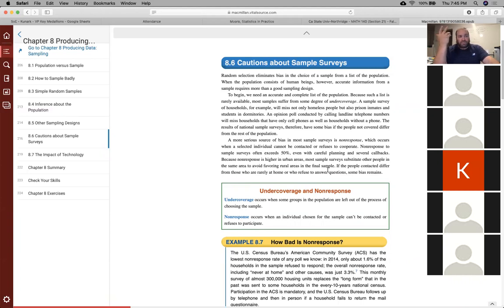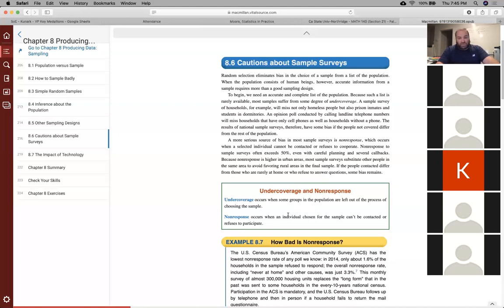So for example, let's say I just don't get anyone from California, or I don't get anyone who's a teenager, or I don't get anyone who's this, or I don't get anyone who's that. Those are all underrepresentations because you're missing a certain percentage of the population. That's called undercoverage, something that you want to be on the lookout for.